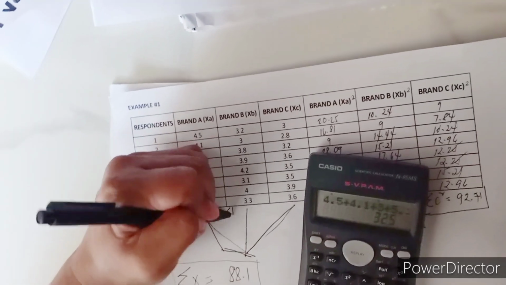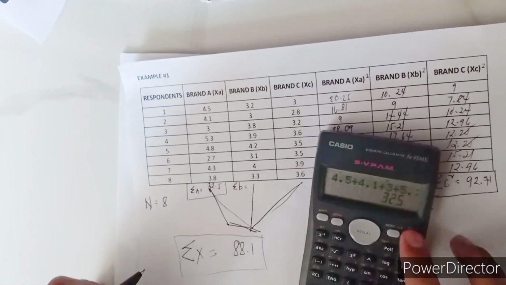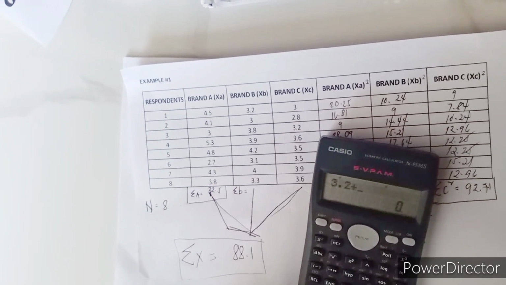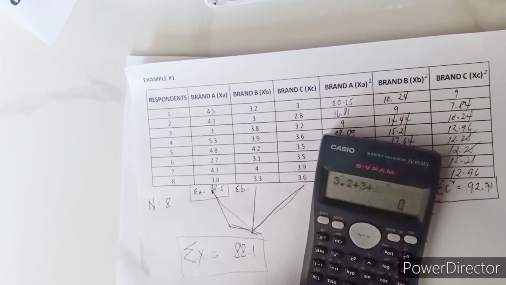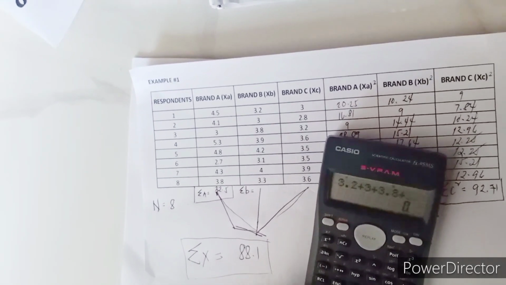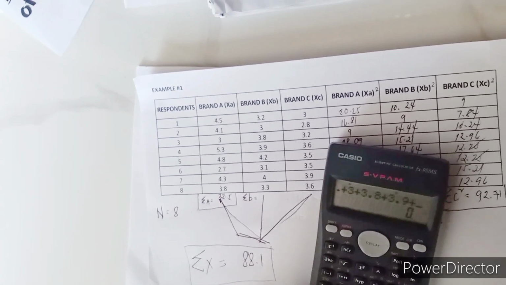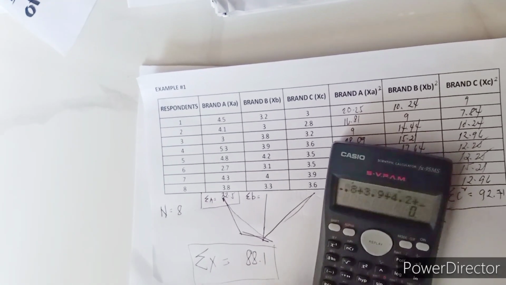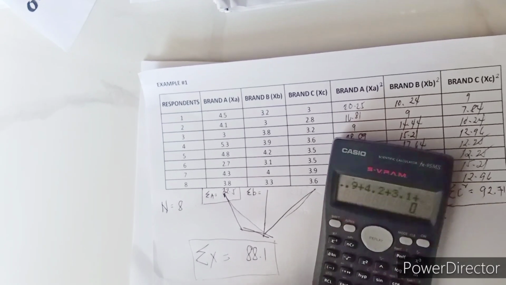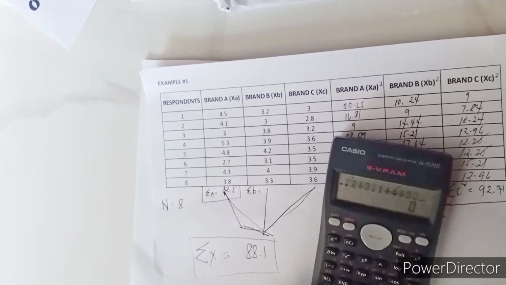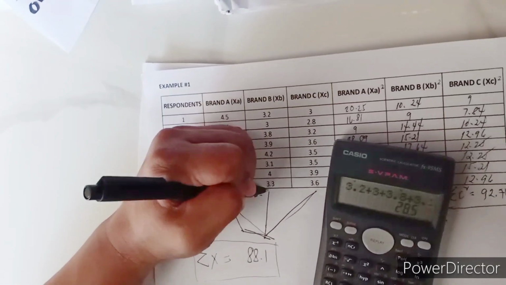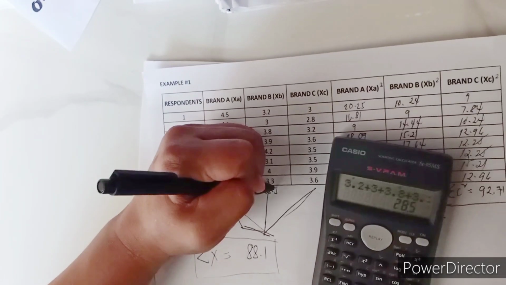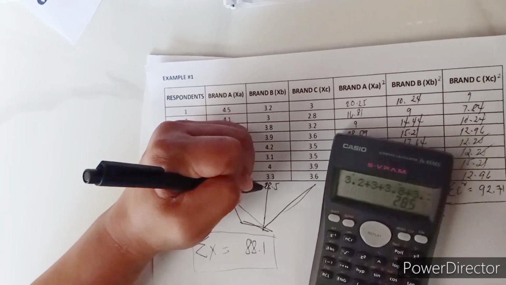Summation of B is equal to 3.2, 3, 3.8, 3.9, 4.2, 3.1, 4, 3.3, which is 28.5. Nakikita, ma'am? Yes.